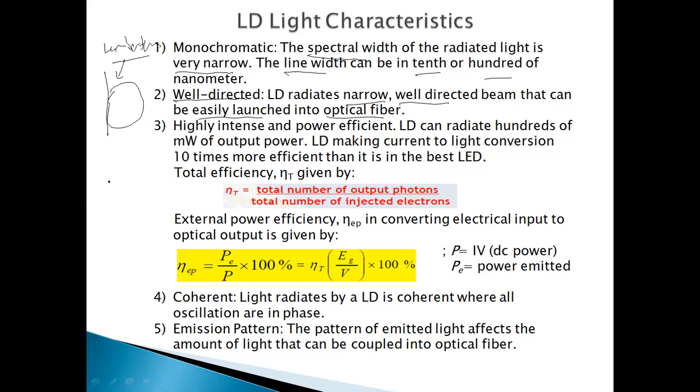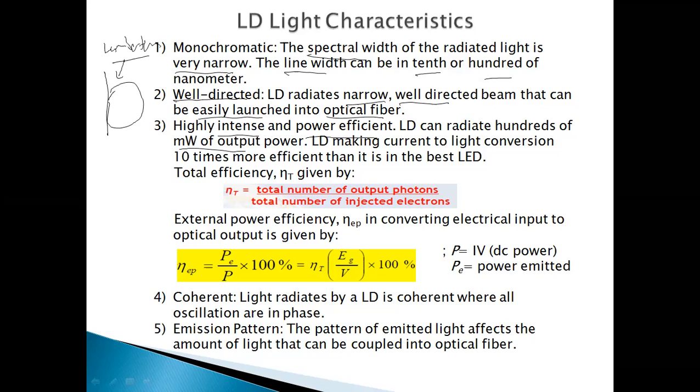Number three is that the light produced by the laser diode is very intense and power efficient, in which it can radiate hundreds of milliwatts of power. It is quite large in terms of power output.